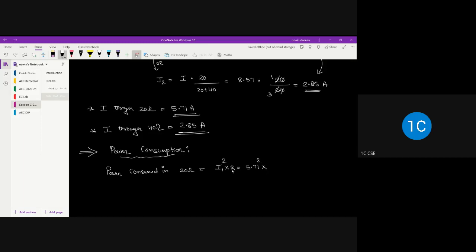So 5.71 square into R. You know that R is 20 ohm. So how much power value will you get? 5.71 square into 20, that is 652.08 watts.